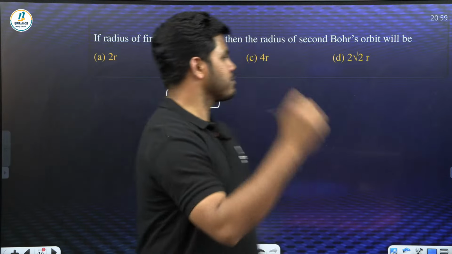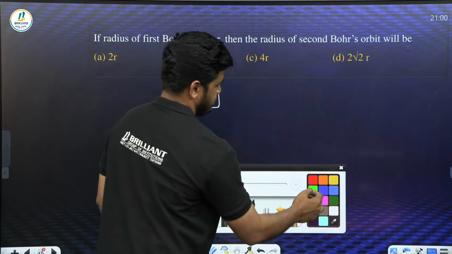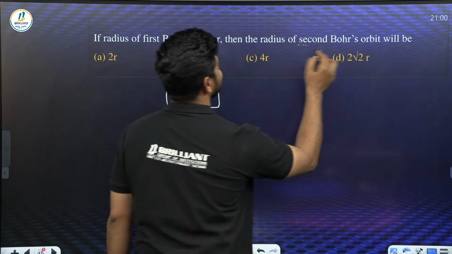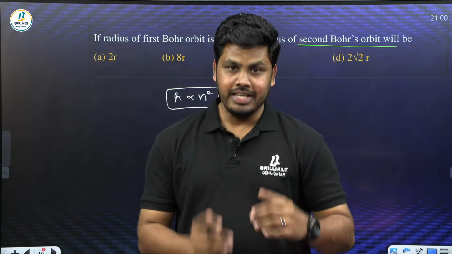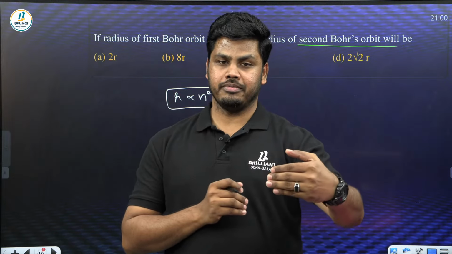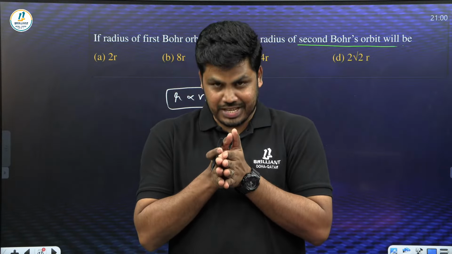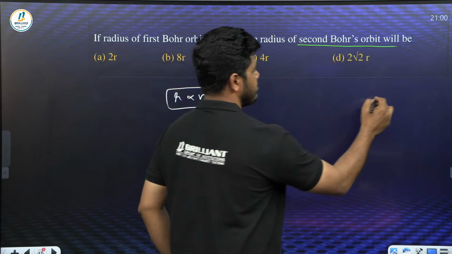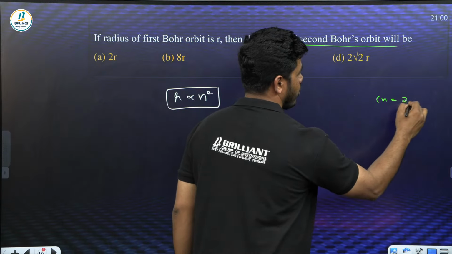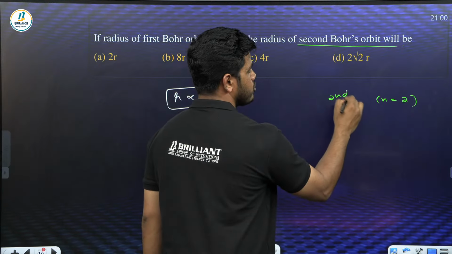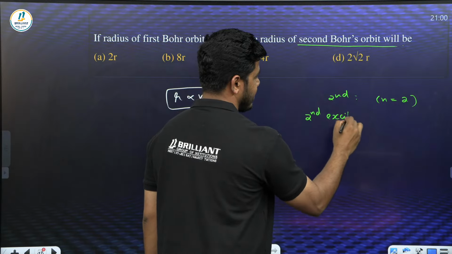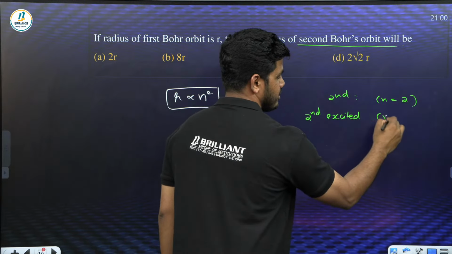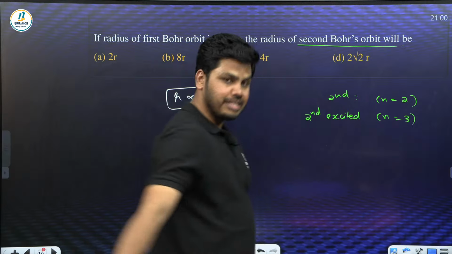But one of the repeating mistakes that we commit is to make sure what orbit is given, whether it is the second orbit or the second excited orbit. If it is the second orbit, n is equal to 2. Second excited orbit is actually the third orbit, n is equal to 3.